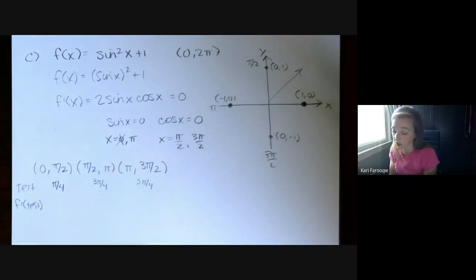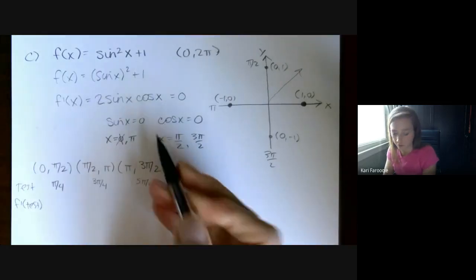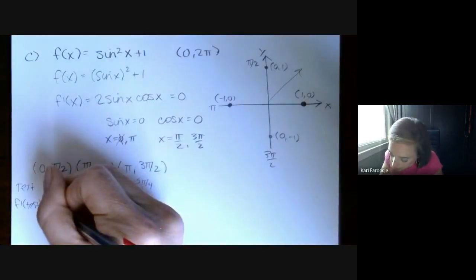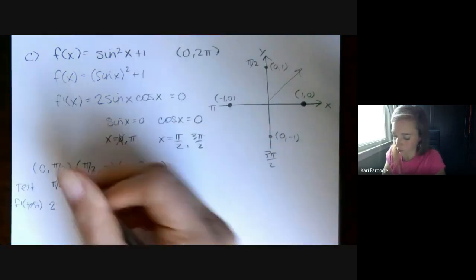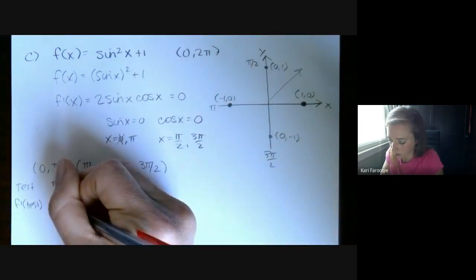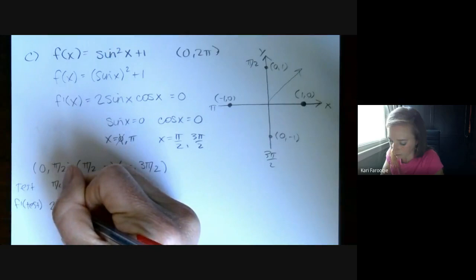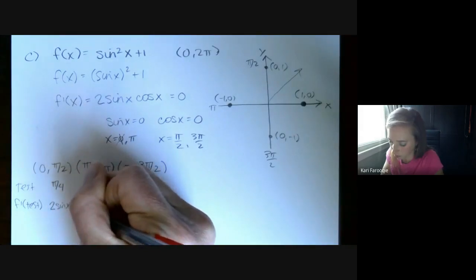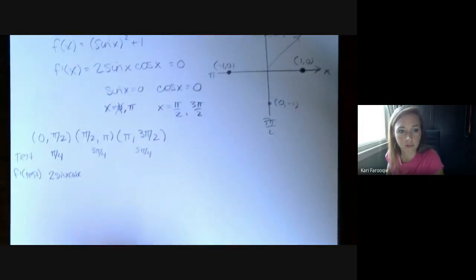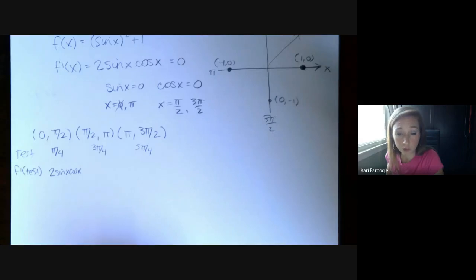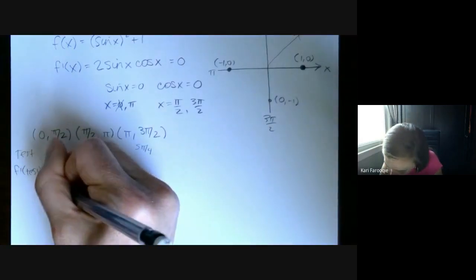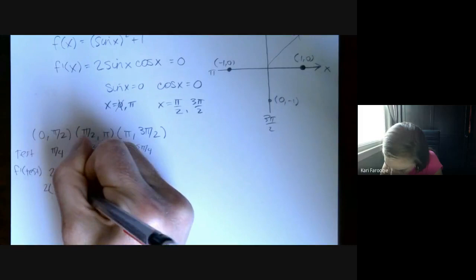All right, now I'm going to take my derivative and evaluate it at the test point. Here's my derivative. But I know that sine and cosine have the same value at pi over 4. They are both going to have the value, I'm actually going to just fill this in so that you can see it, root 2 over 2, if that's the way you're used to seeing it.